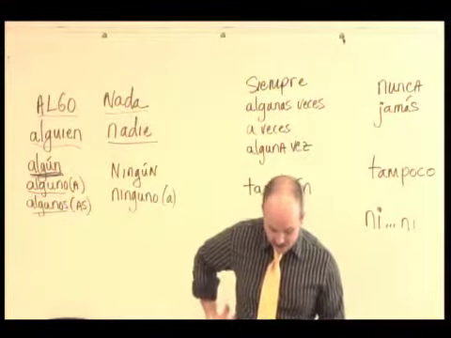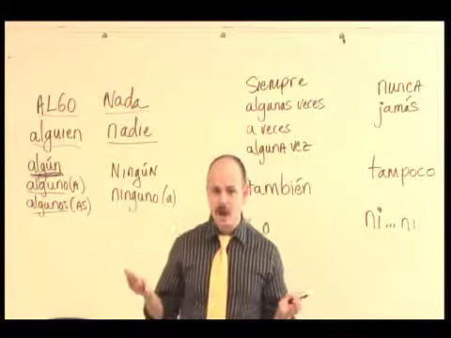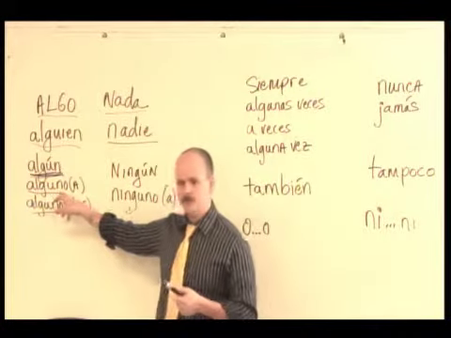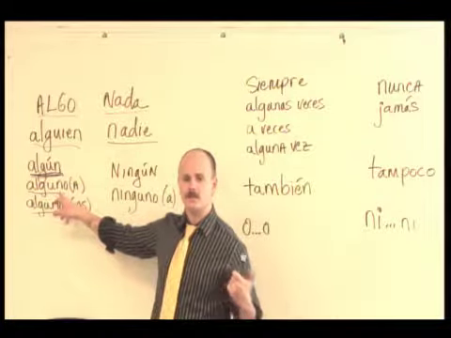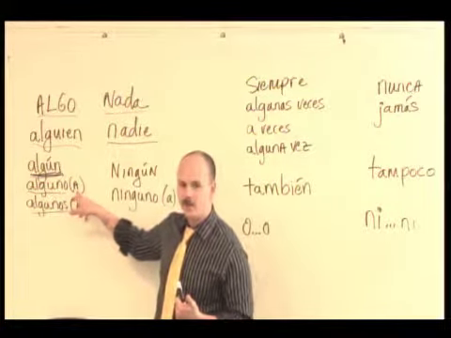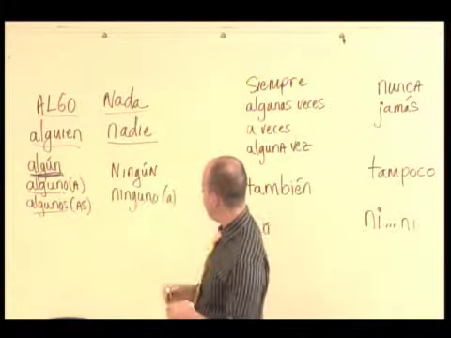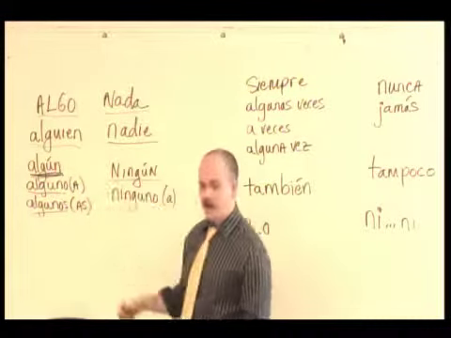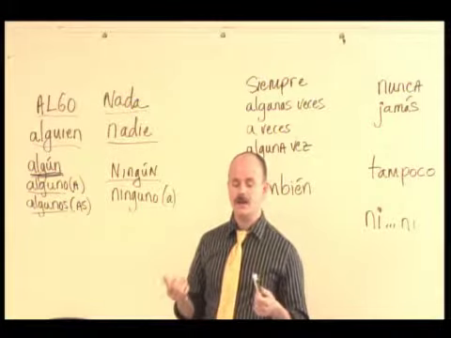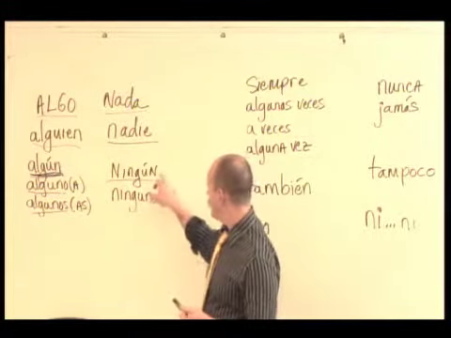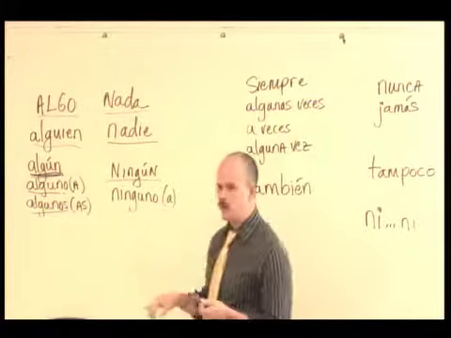If I want to say just some, I use alguno. And if I want to say some pen, but I'm using the word pluma, I say alguna pluma. The negatives of that are ningún. So again, ningún, when used before a masculine singular noun, we'll drop the O, and then ninguno and ninguna.